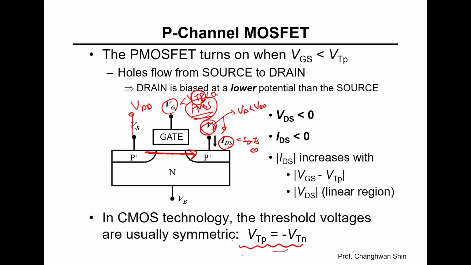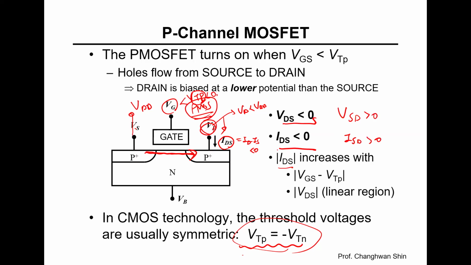This symmetry simplifies circuit design by making NMOS and PMOS devices behave as complementary counterparts. So for PMOSFET, VDS is again negative, IDS is negative. In other words, VSD is positive, ISD is positive.